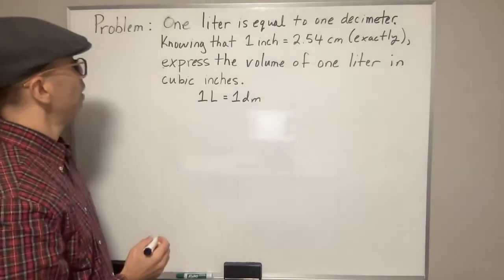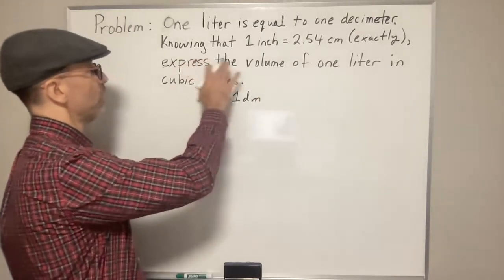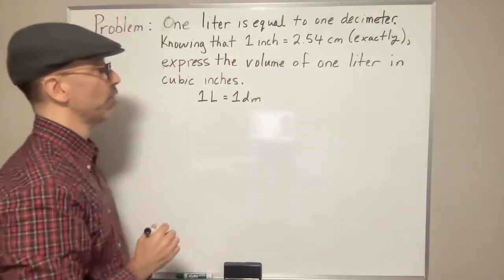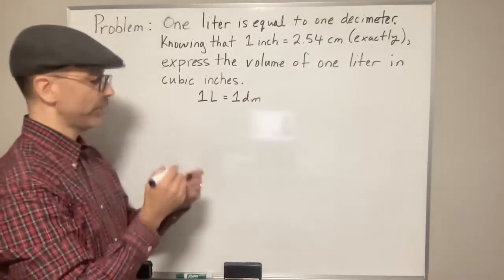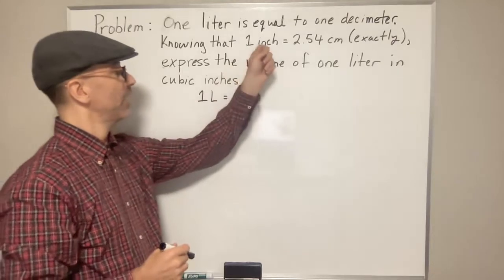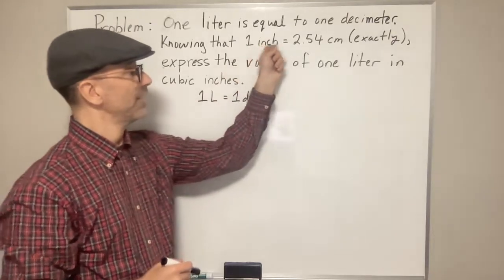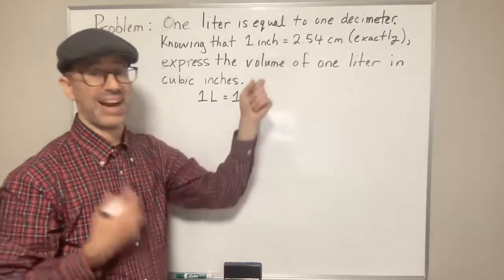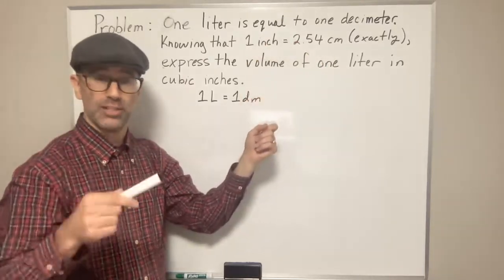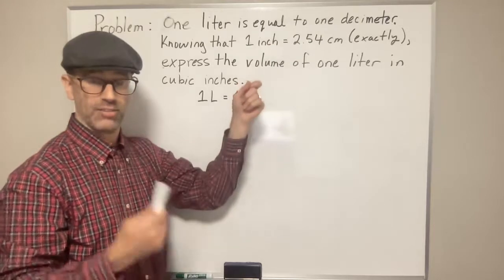Okay, so that's 1. They also gave us that 1 inch is equal to 2.54 centimeters. That's exact. This is the only time that you have an English unit exactly equal to a metric unit. If you know of another example where this is the case, let me know.